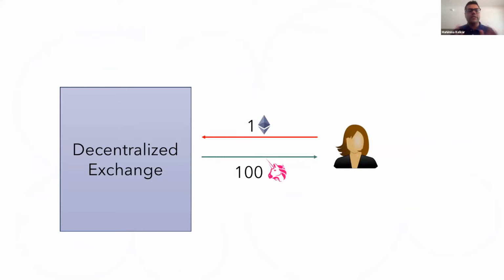To take a very simple example of how transaction ordering can impact DeFi, let's take the case of decentralized exchanges, or DEXs. Decentralized exchanges allow users to swap between cryptocurrencies at an exchange rate that's predetermined or programmatically computed by the mechanism inside the exchange. Suppose that the current exchange allows, let's say, user Alice to swap one Ethereum token for 100 Uniswap tokens.